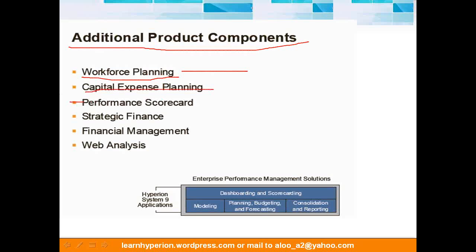Performance Scorecard is not extensively used, but it is an application provided by Hyperion for company performance. Strategic Finance I am not very familiar with. Financial Management is for financial closing and consolidation, and Web Analysis for reporting. So these additional components can be used along with your Hyperion Planning.